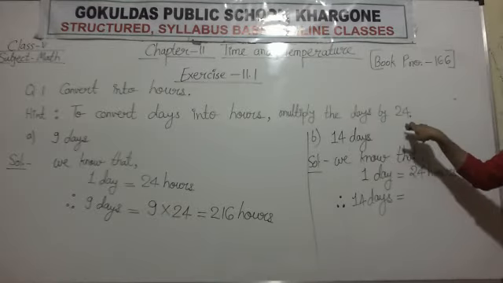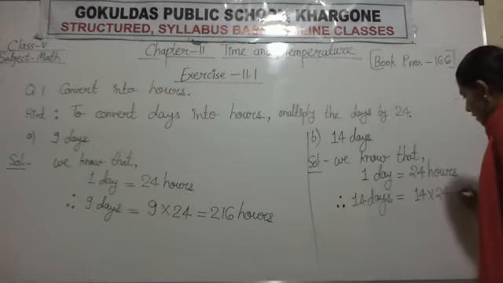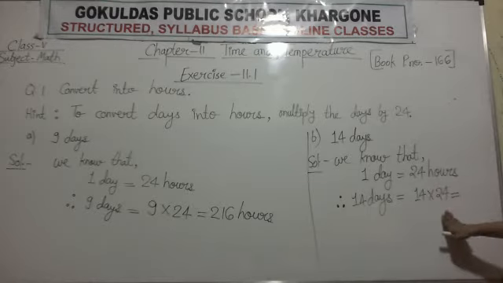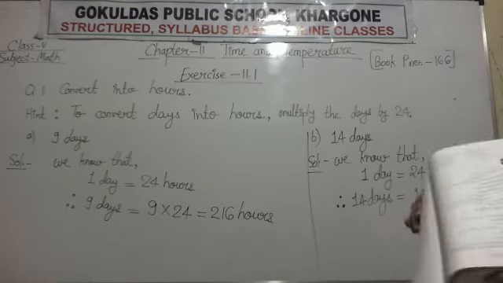Multiply days by 24. So 14 multiplied by 24. Arrange both the numbers column wise and multiply them. Our result is 336 hours. In short, you can write small h to denote hours. So our final answer is 14 days means 336 hours.